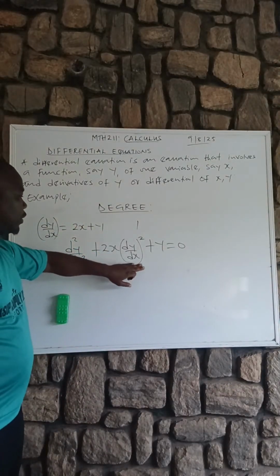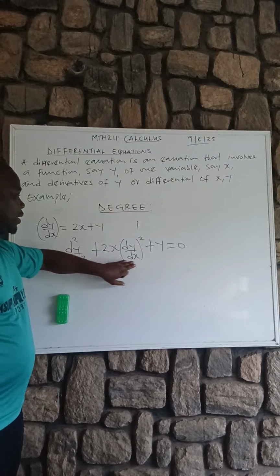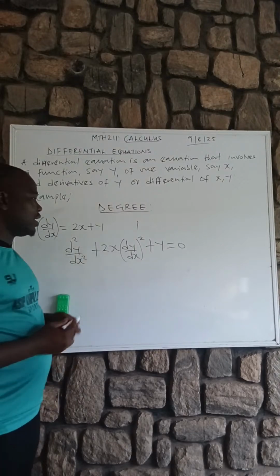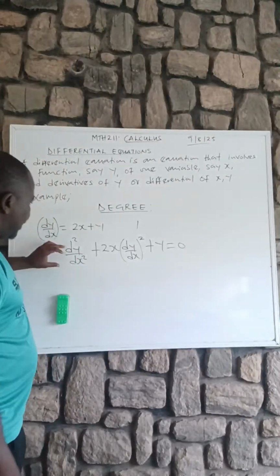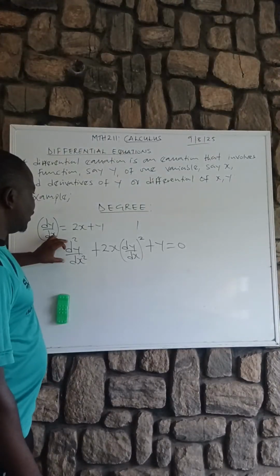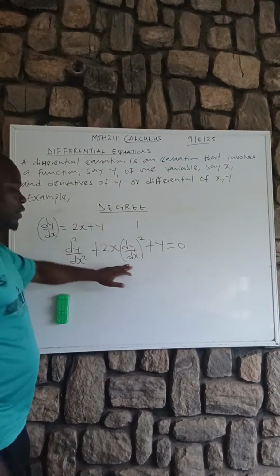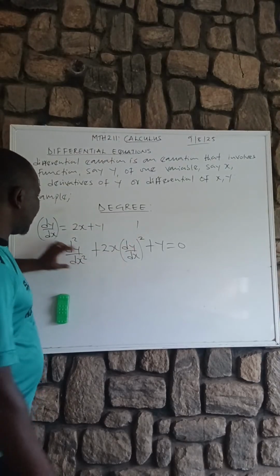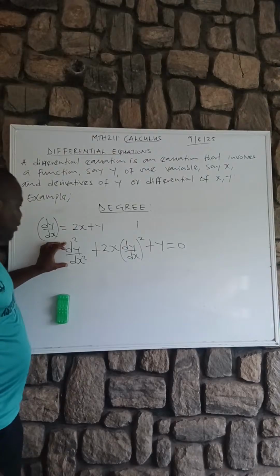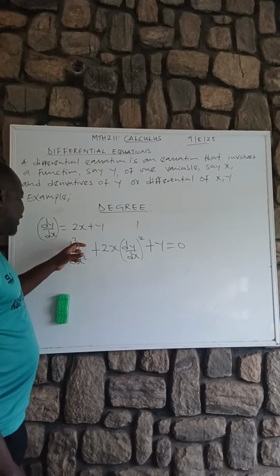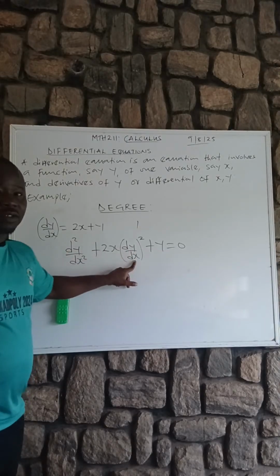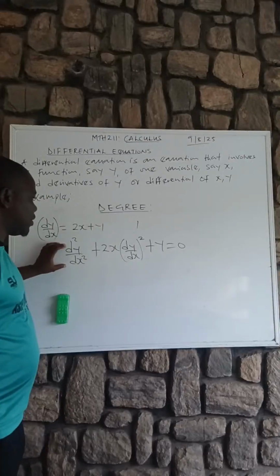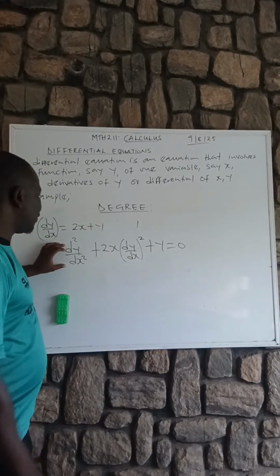If you are asked to identify the degree of this differential equation, it's as simple as ABC. If you want to consider the order, the order is second order. Why? Because the highest order here is d square y all over dx square, true or false? So it's a second order differential equation.